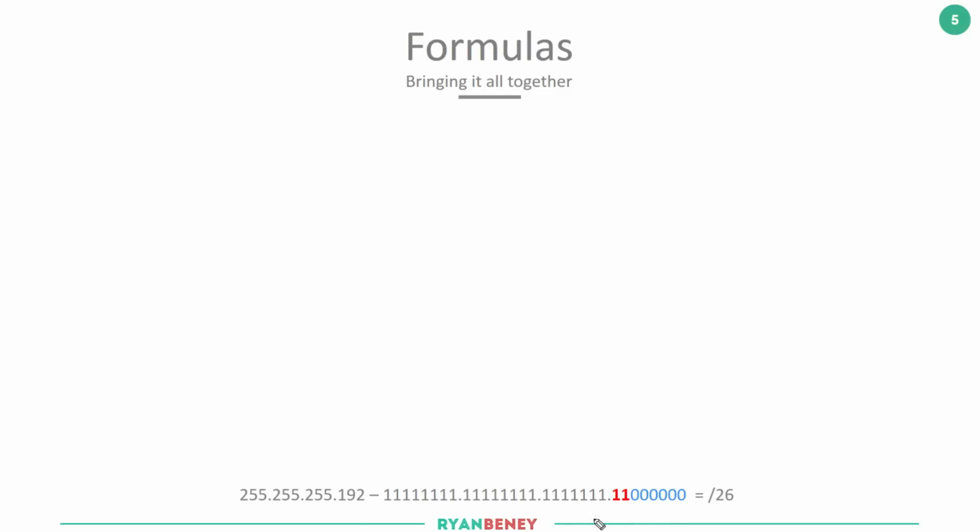So using our example at the bottom here, you can see that we have the network portion, we have the new bits that we've turned on, which we're going to refer to as the subnet ID, and then we also have all these zeros, which we know is the host portion. So keeping that in mind, let's have a look at these formulas.